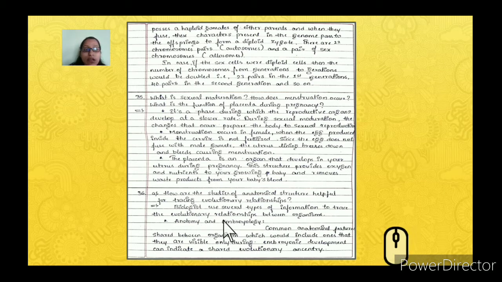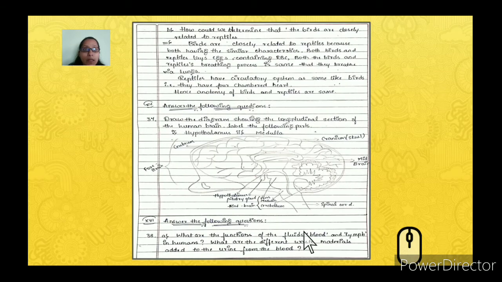So in anatomy and embryology, commonly anatomical features are shared between organisms, including ones that are visible only during embryonic development, that is development of the new offspring, and it indicates a shared evolutionary history that is carried from the ancestor to the next generation of species.